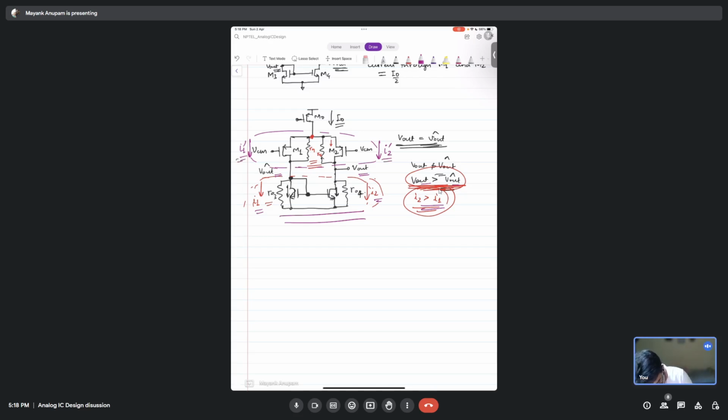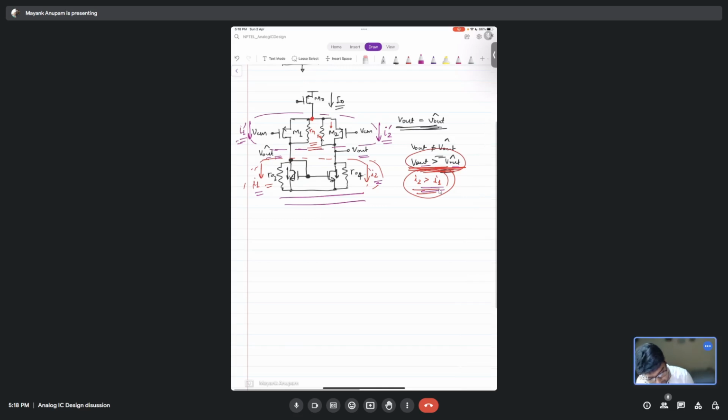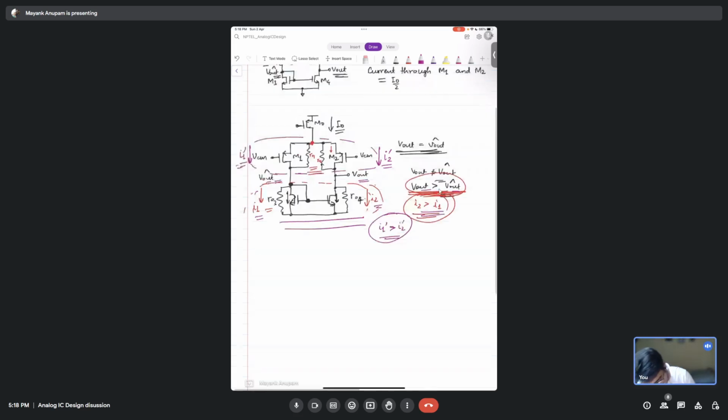I1 prime should be larger, right? So I1 prime should be larger than I2 prime, correct? Now you see the contradiction here. Whatever current is flowing here, the same current should come from up also, right? So I2 prime should be equal to I2, isn't it?